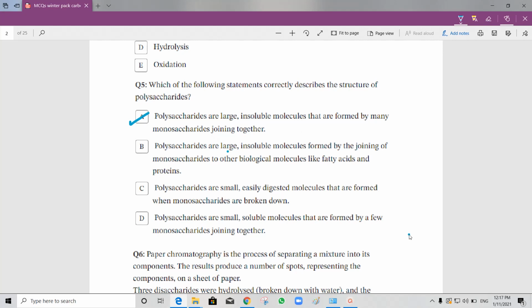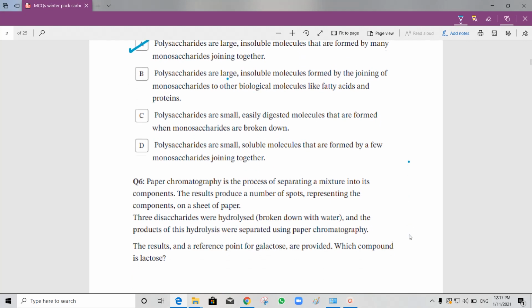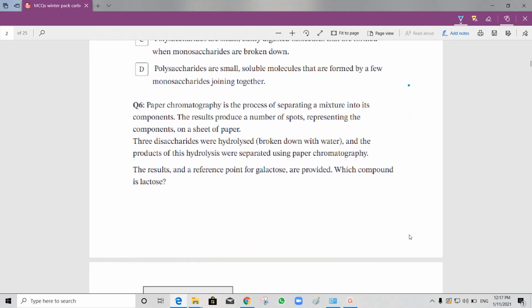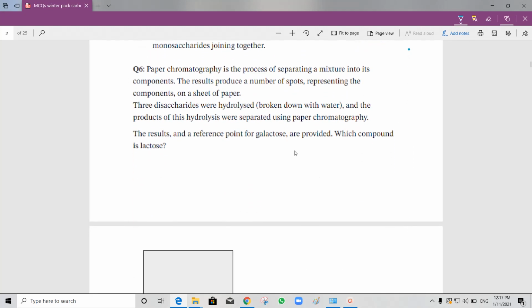Let's move to number 6. Chromatography is the process of separating a mixture into its components. Like if I have sucrose, for example, it will be separated into fructose and glucose.